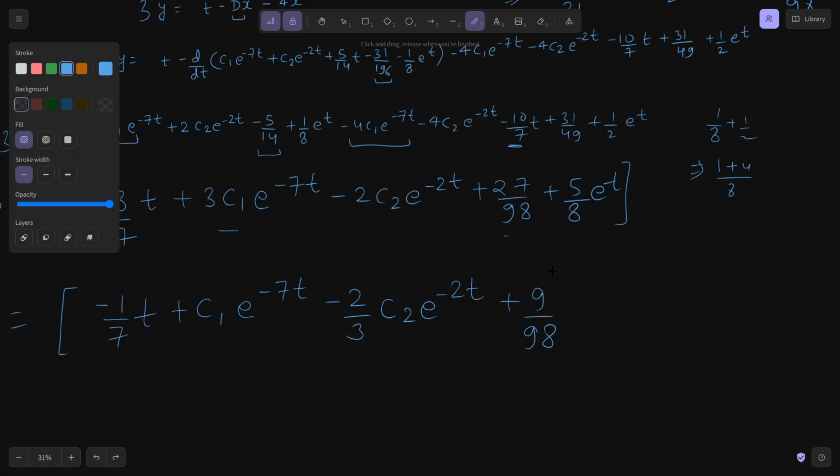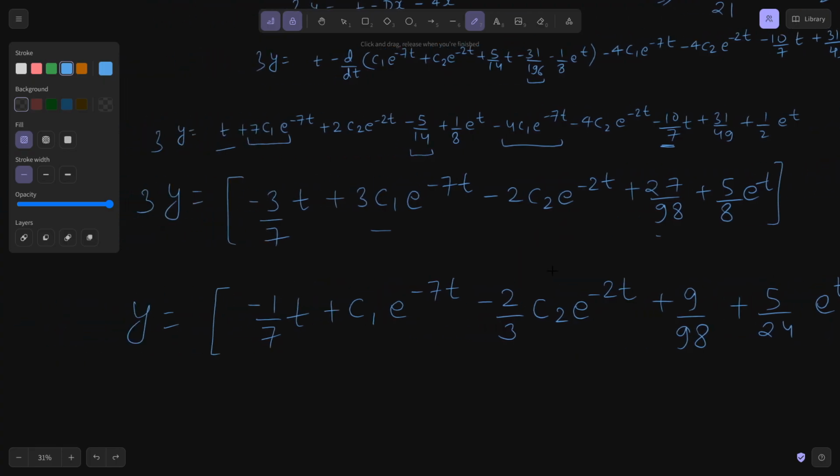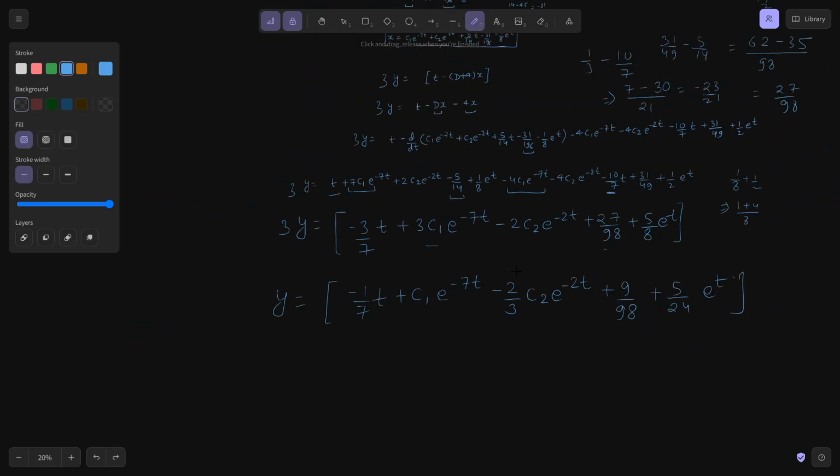And at last this will be 5 by 24 e power t. So this is y. We have now found y, and we have found x.